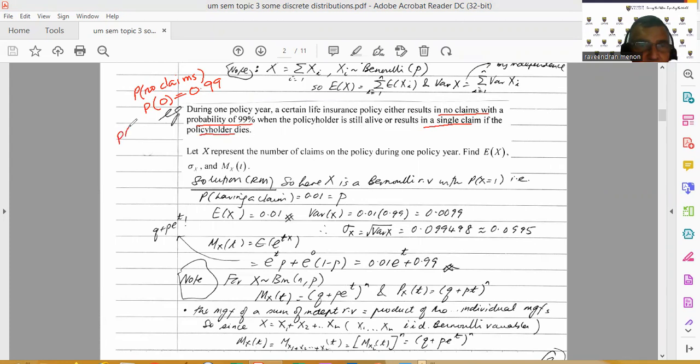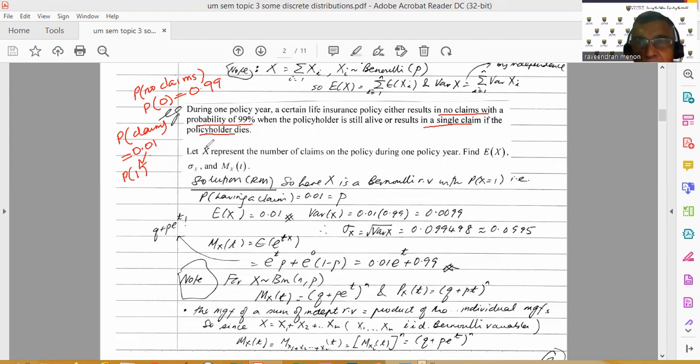So the probability of a claim would be 1 minus 0.99, which is 0.01. You can write this as probability of 1 is 0.01, and probability of 0 is 0.99.